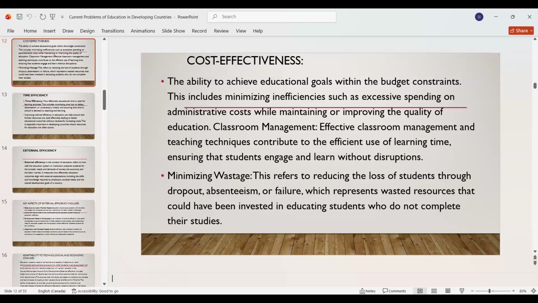So related to developing countries, especially now we are thinking of our educational side. The ability to achieve educational goals within the budget constraints, right? The cost means it's related to budget.